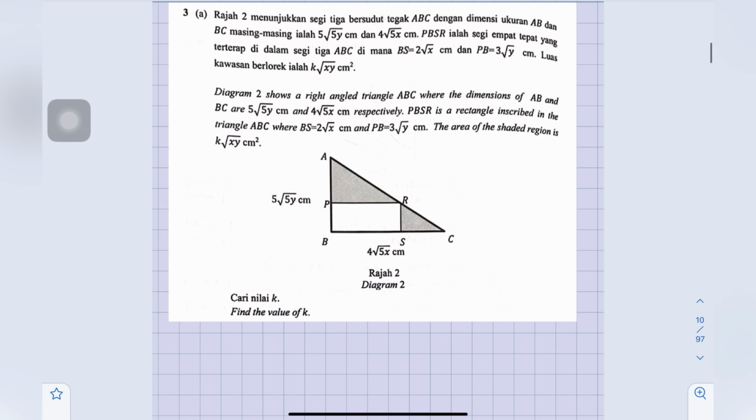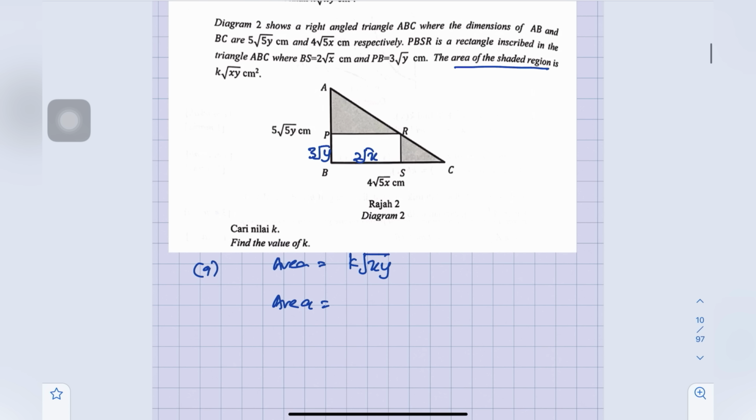So first of all, we need to label the information given. BS is 2 root x and PB is 3 root y. Okay, so area of shaded region. Given area of shaded region is K root xy. But we can find area of shaded region as triangle minus rectangle.